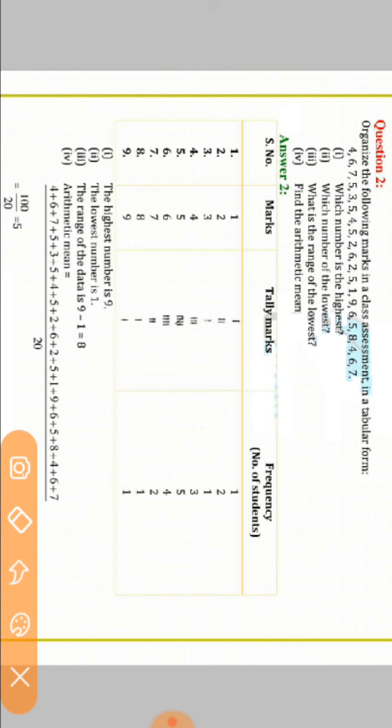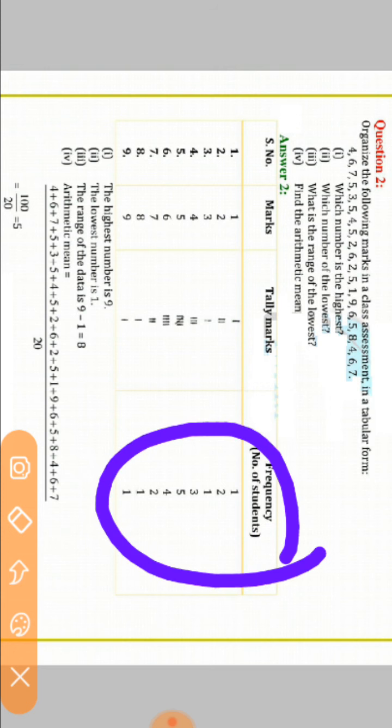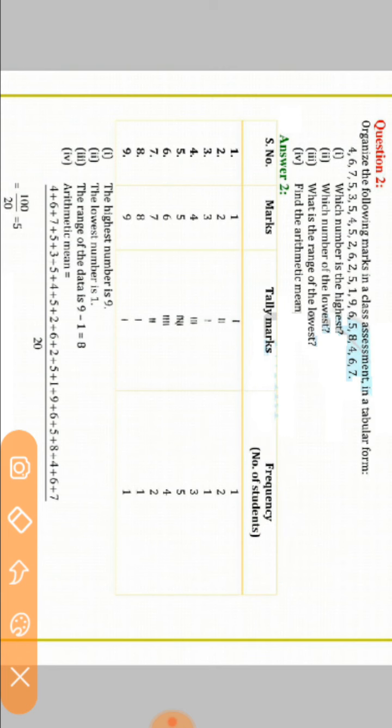Now see the first question: which number is the highest? We should not see the frequency, because they did not ask which is most repeated. Which mark is highest?